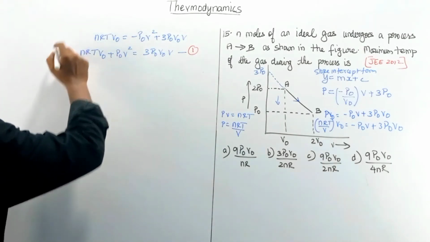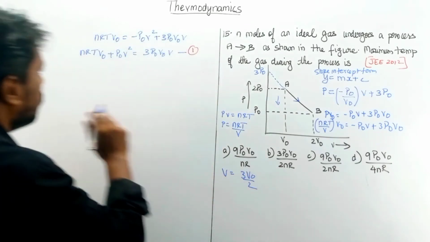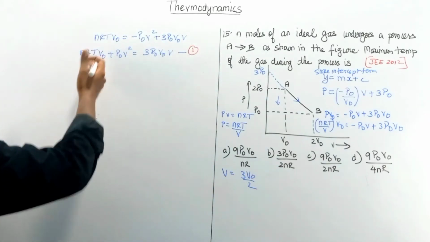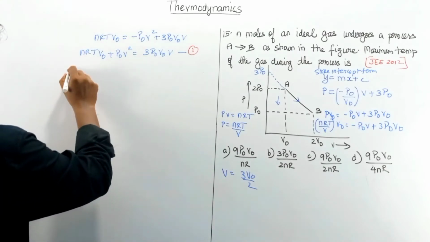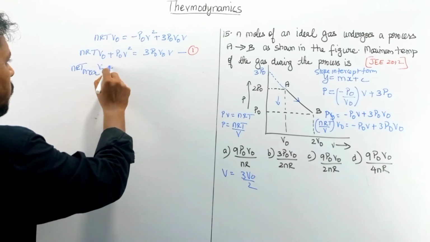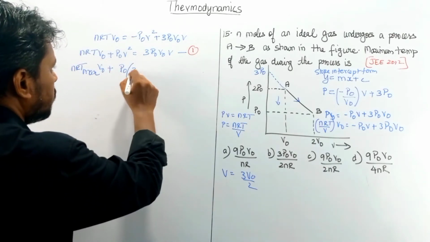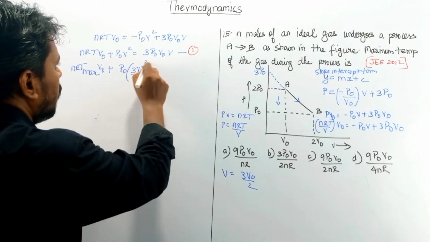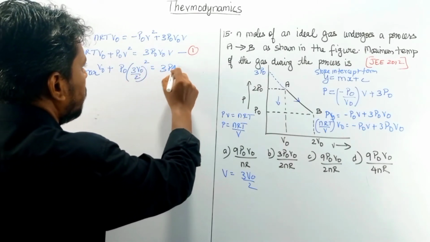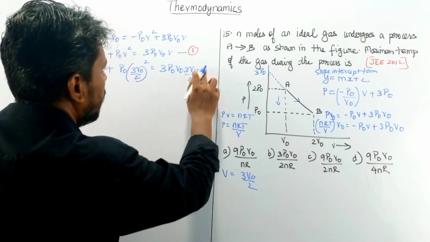So you know that V is equal to 3 V naught by 2, and T will become T max. So nR T max V naught plus P naught, for V substituting 3 V naught by 2 the whole square, is equal to 3 P naught V naught, with 3 V naught by 2 instead of V.